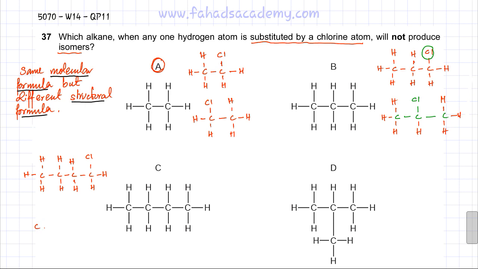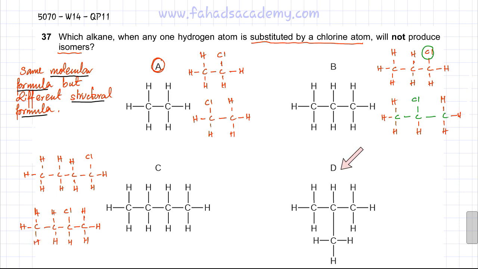Instead of the Cl being attached to the carbon at the end, I can have the Cl attached to the carbon in the middle, or the third one. These are all my hydrogen atoms. So this molecule also makes an isomer.